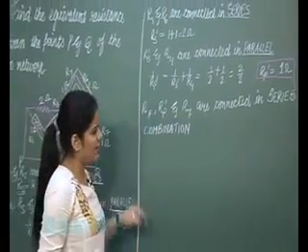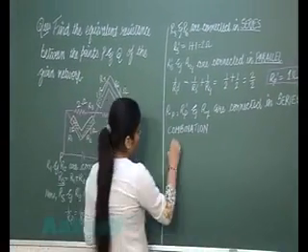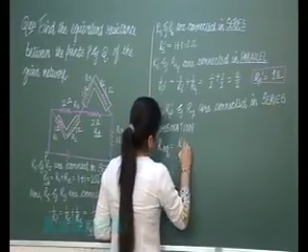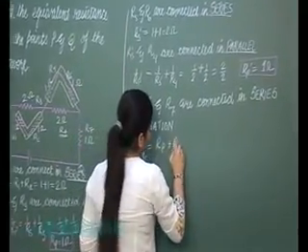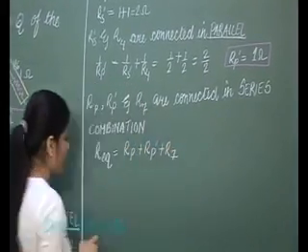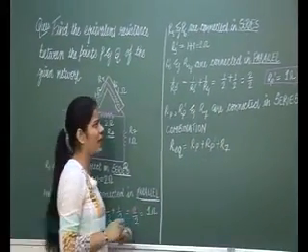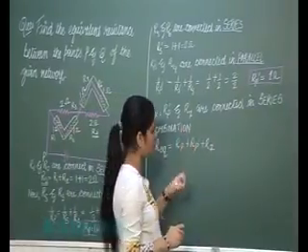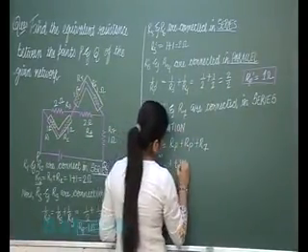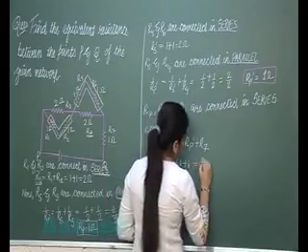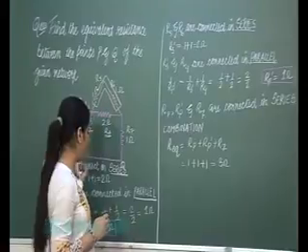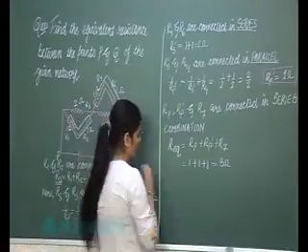So student, we will get the equivalent resistance as Rp plus Rp prime plus R7. Rp is 1 ohm, Rp prime is of 1 ohm and R7 is also 1 ohm. So we will get 1 plus 1 plus 1, which comes out to be 3 ohm. So the equivalent resistance between P and Q is 3 ohm.